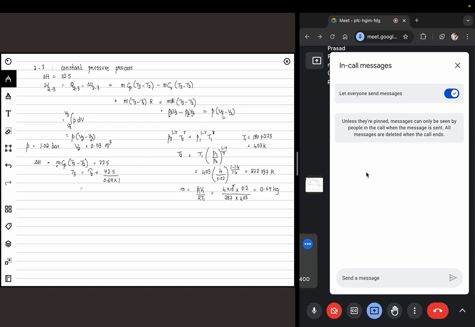CP is 1 kilojoule per kg Kelvin. So now that I have calculated P3, I can directly use this relation to calculate the work done in the next process. The total process is given by MR (T3 minus T2).